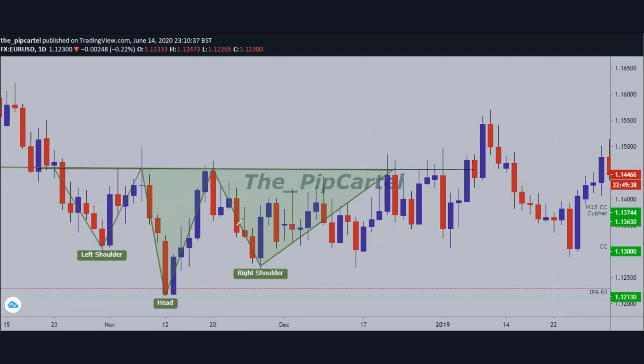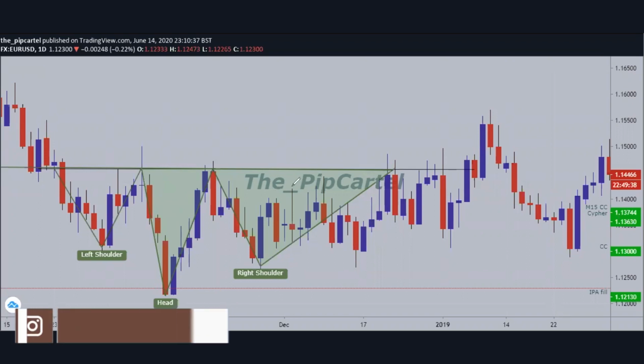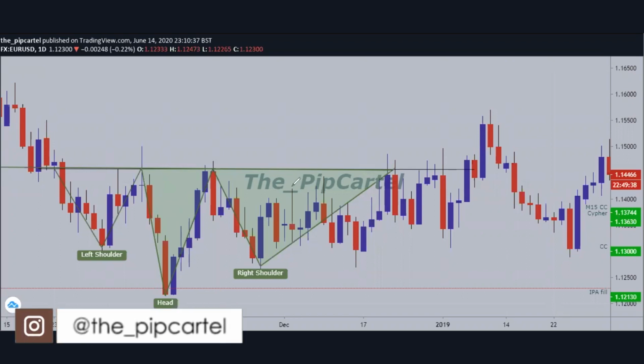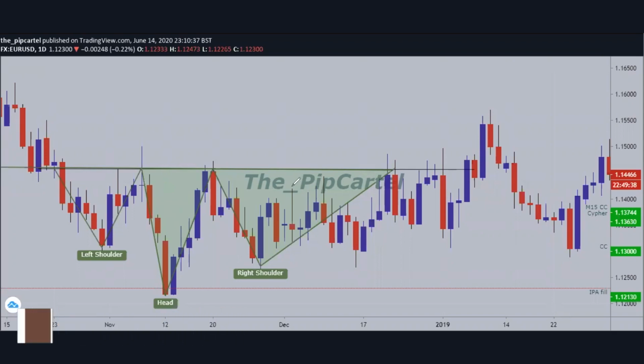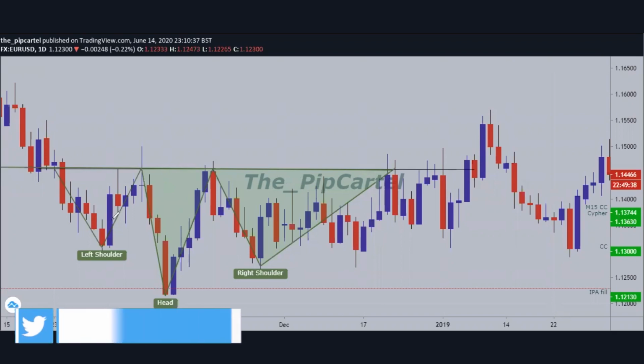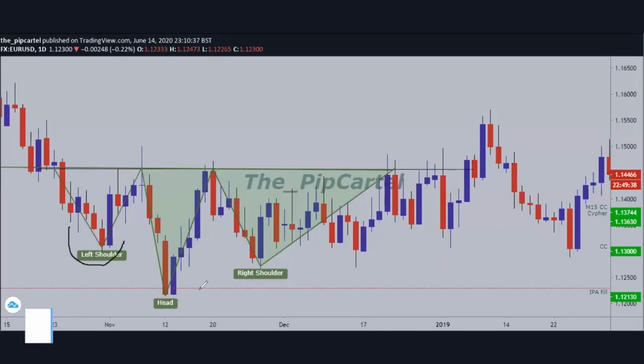All right. So this first example here, we have a head and shoulder pattern. In this particular one, we have the inverse head and shoulder. You can see the left shoulder, head, and right shoulder, right? So basically, what you would be taught to do is this is the neckline, right?